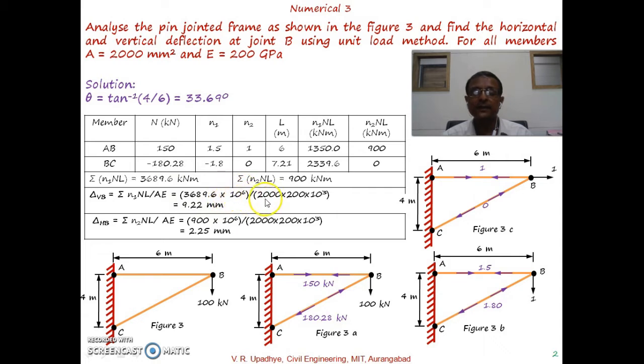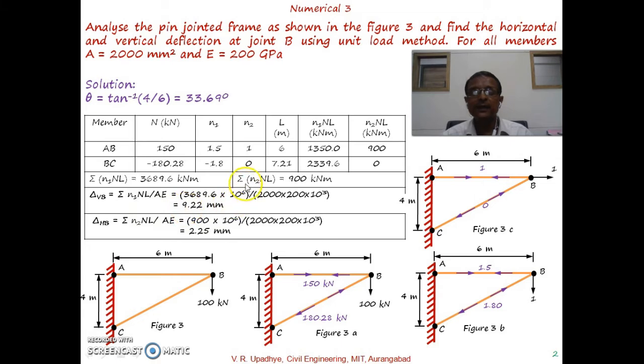Area of cross section is 2000 millimeter square, and Young's modulus is given as 200 gigapascal, which is converted into megapascal as 200 into 10 to the power 3. So this calculation gives us vertical deflection at joint B due to applied force as 9.22 millimeter.